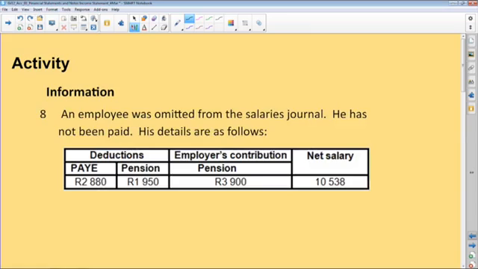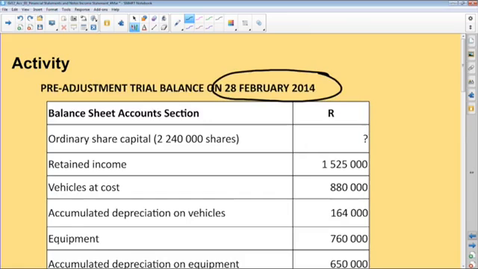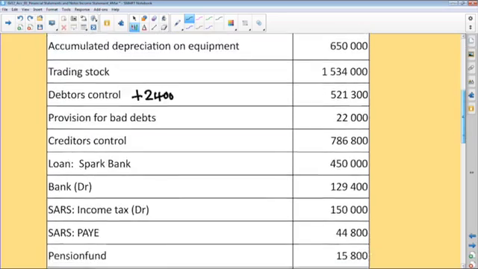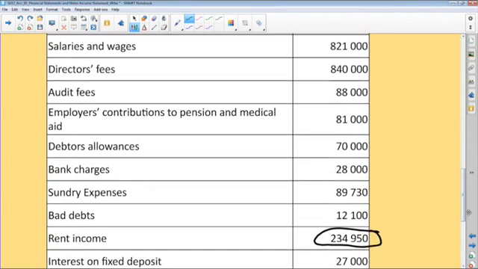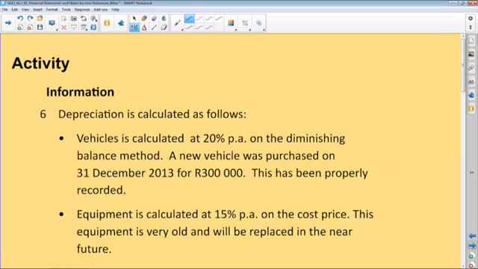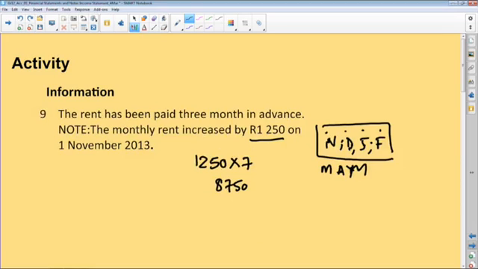Okay, so let's get back to the amount that we have identified, and that amount was for rent income, which was 234,950.